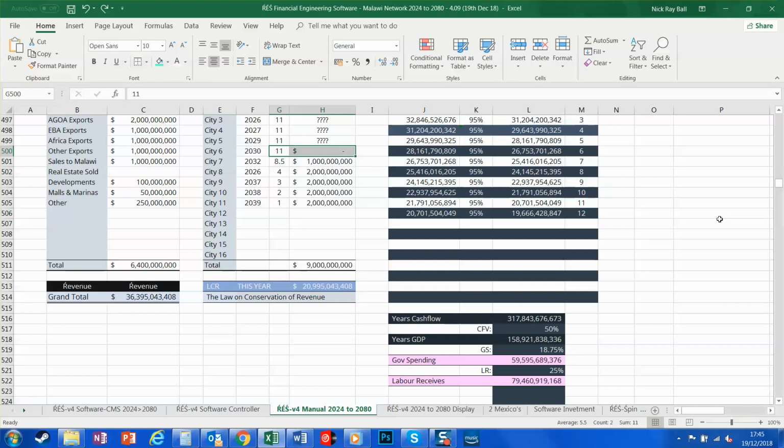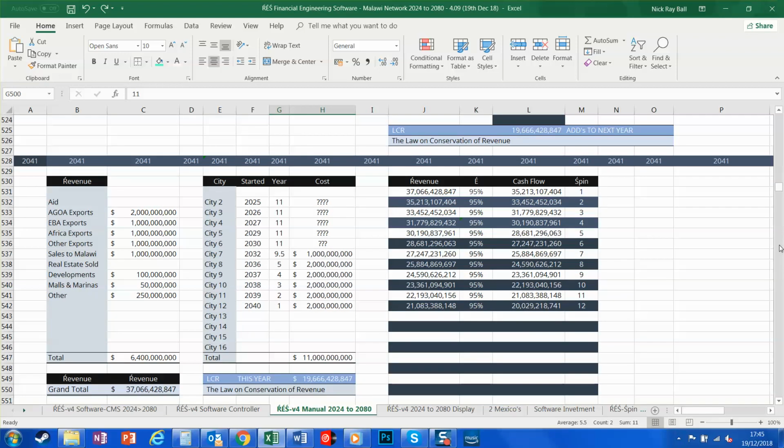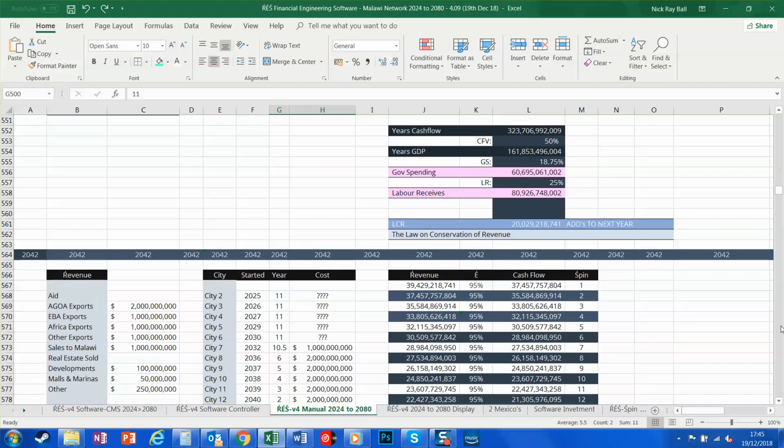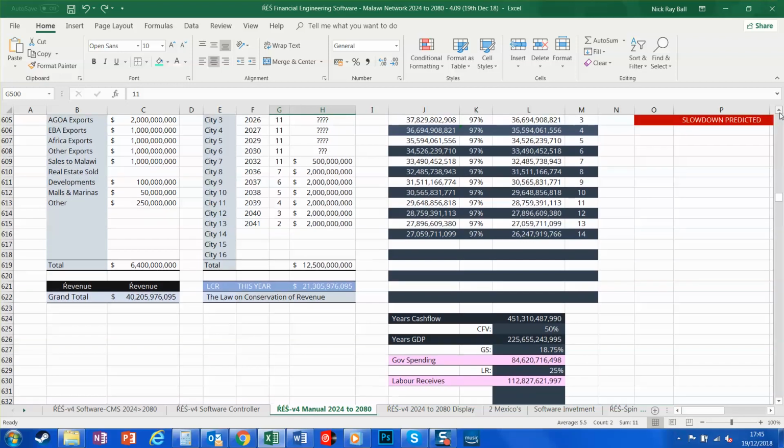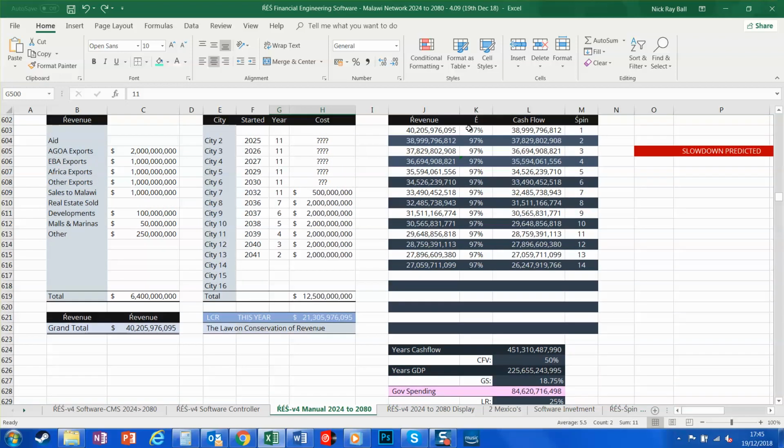Right, okay, now I'm really going to fly through the rest of this. We're doing the same thing, we're increasing, but now we've got slow down predicted again, and we haven't managed to go below 97, and we don't really need to. Slow down predicted immediately picks up 2 spin.